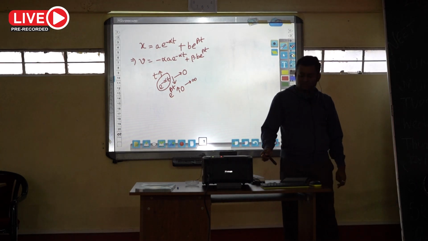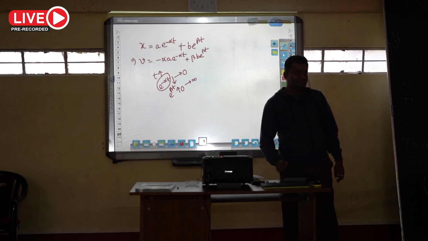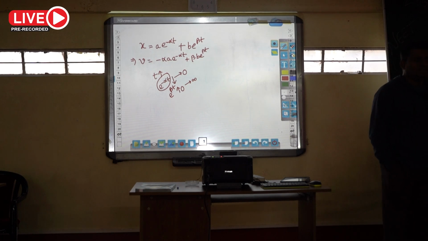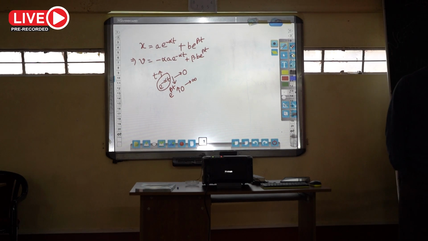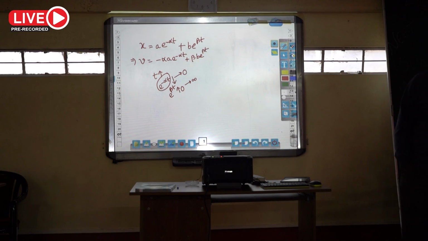So the velocity with time will actually increase. e to the power plus beta t can rise up to infinity. So option D is correct.